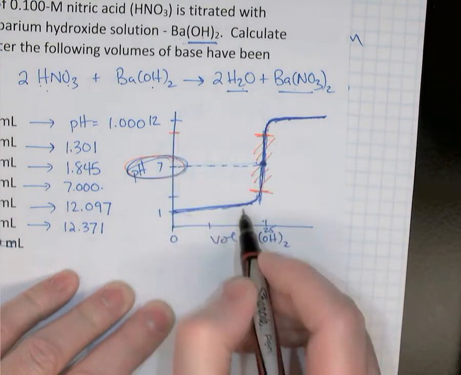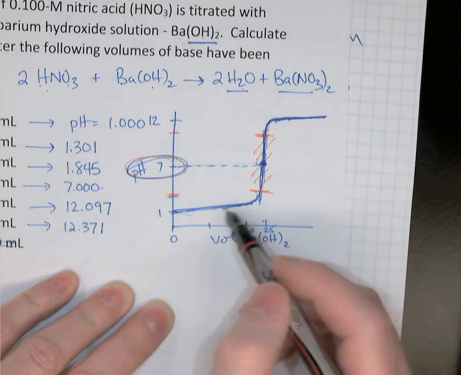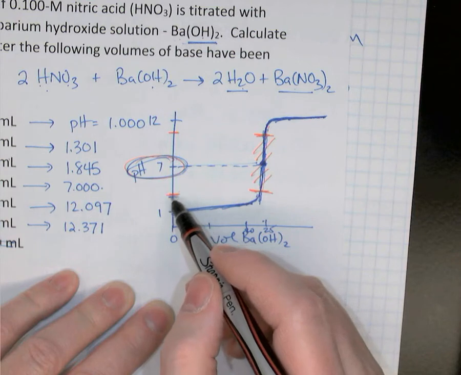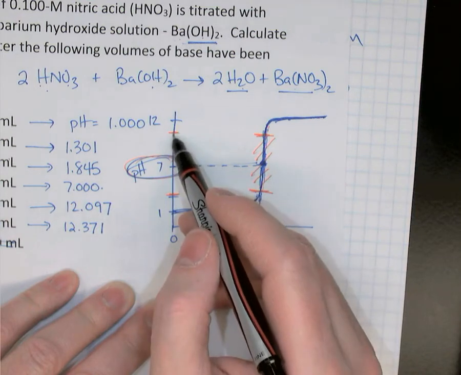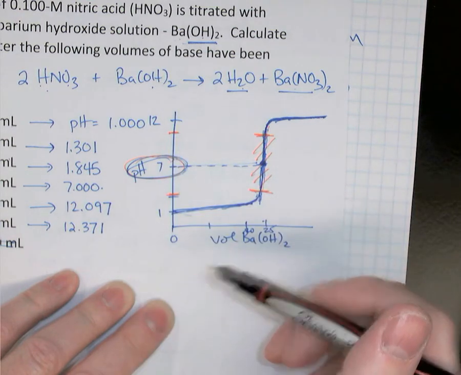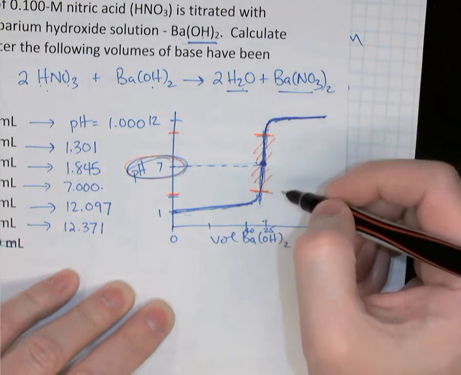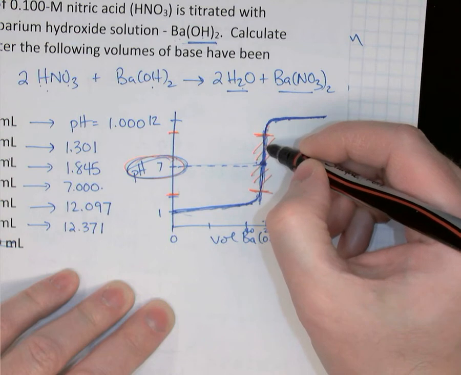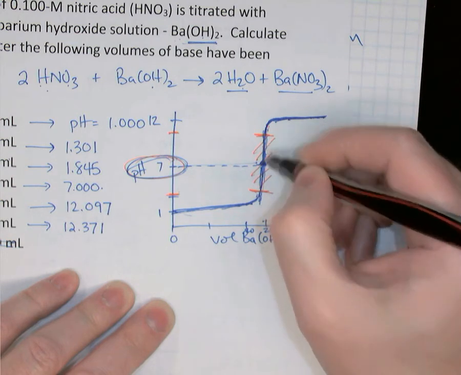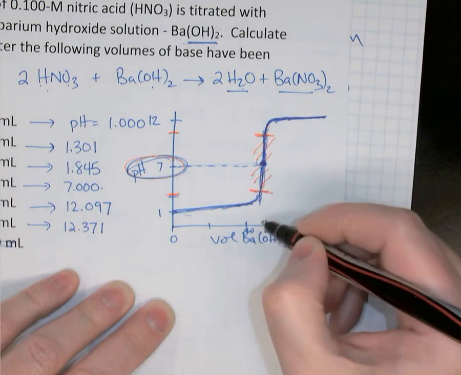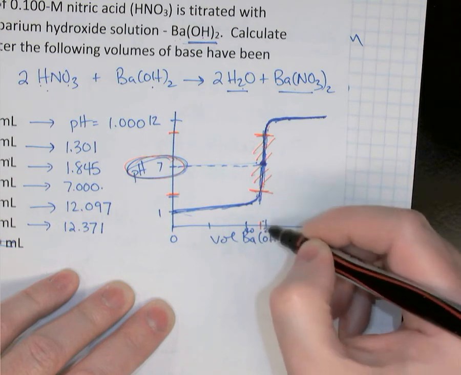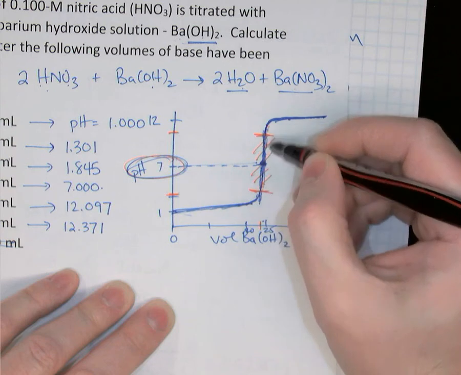So an indicator that changes color anywhere from probably pH 3 all the way up to pH 9 or even 10 up here would probably be a sufficient indicator for this titration, because although the color change would occur at the wrong pH value, that would represent almost no difference in the volume of base added because of that sharp rise in pH.